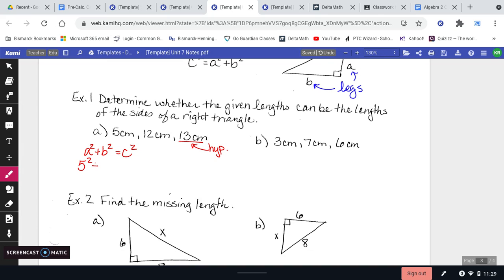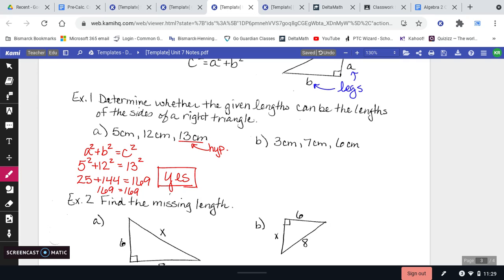So 5 squared plus 12 squared equals 13 squared. This is 25 plus 144 equals 169. You add 25 and 144, that does give you 169. So yes, these three lengths can be the lengths of sides in a right triangle.